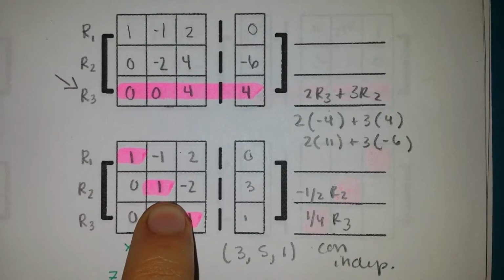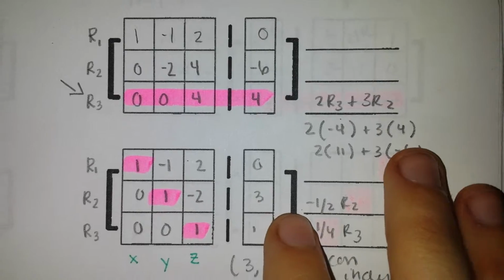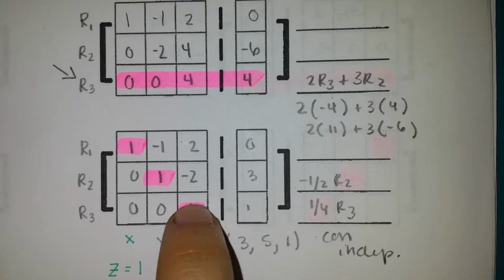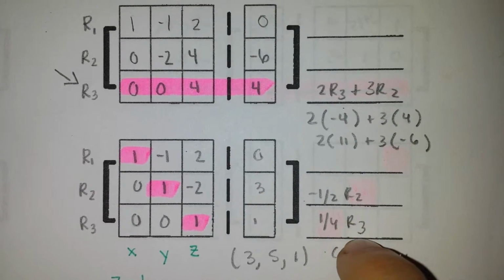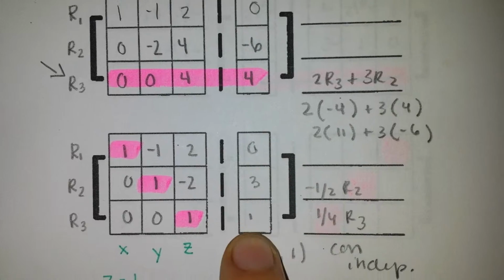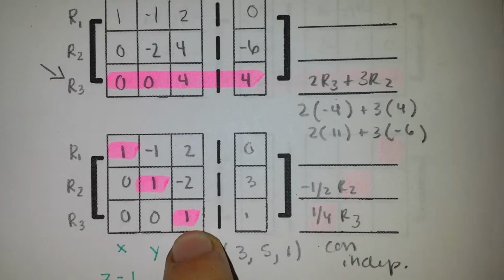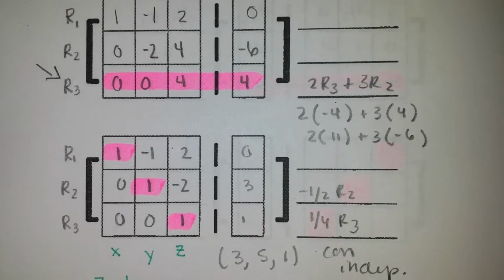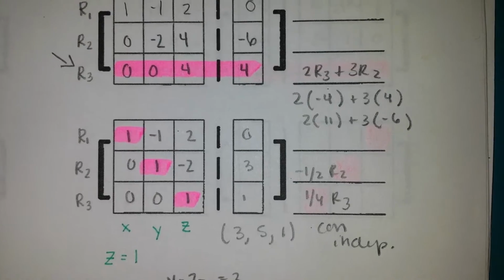And that gave me 2, and then negative 2, and then positive 3. And we needed a 1 right here where the 4 is. So I multiplied it by 1 over 4. And that gave me 4, and 1, and 1 on the last two. So that was the matrix that we finished.